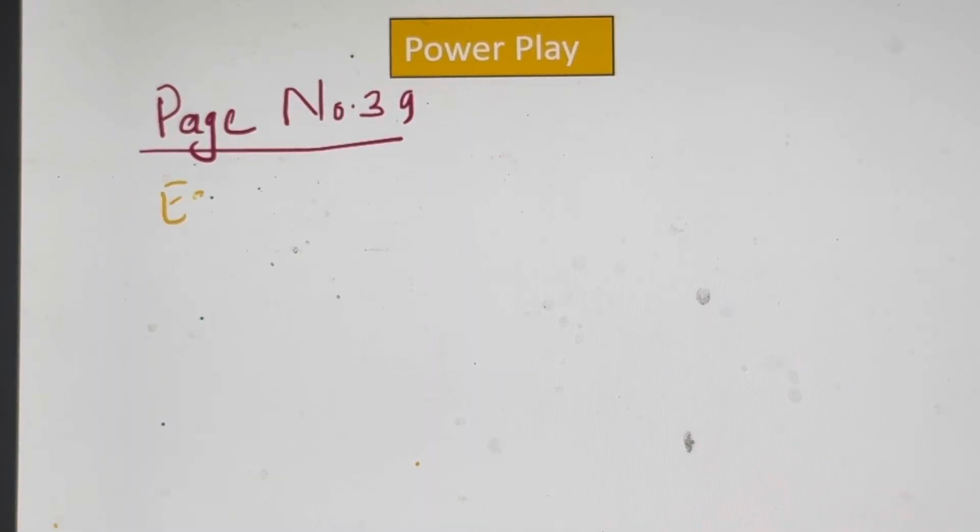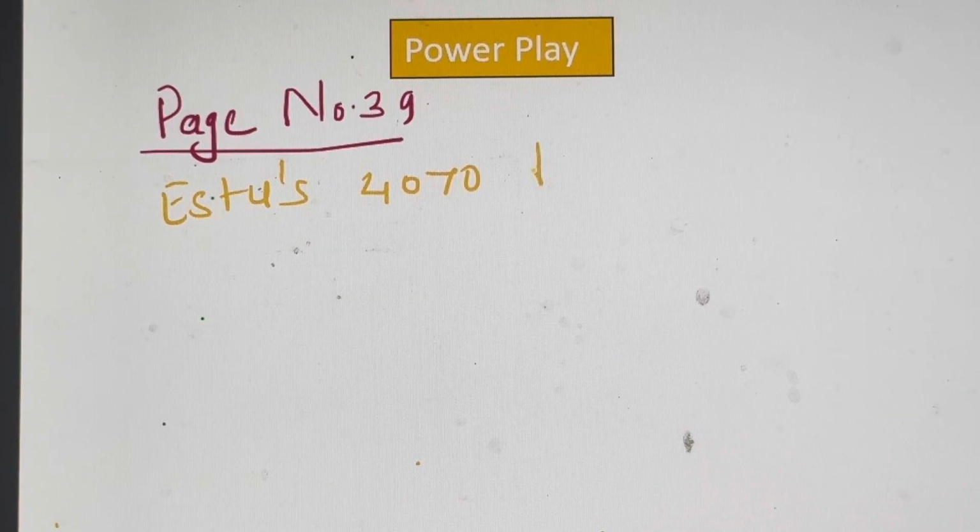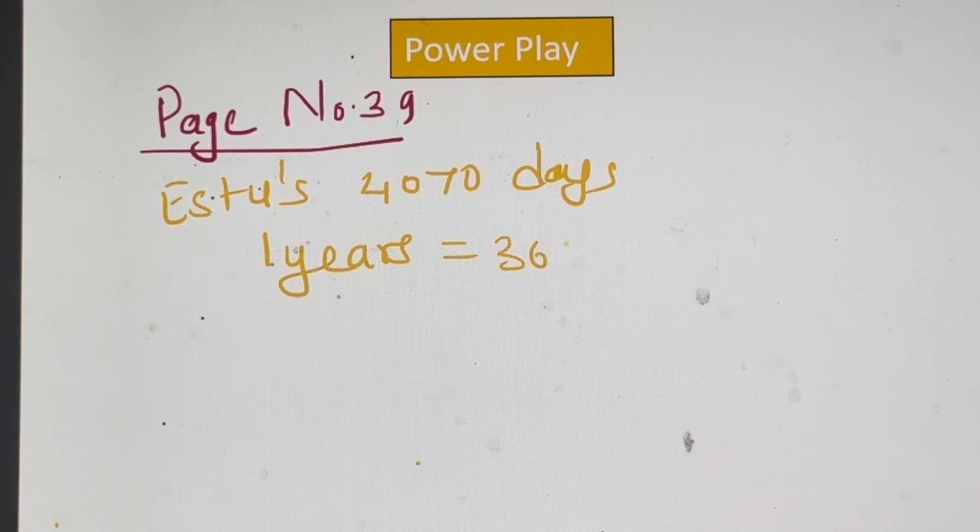So what is Istu's age? It's given as 4070 days, right? And we need to find out his date of birth, right? So we convert it into years. Now, 1 year has how many days? 365 days. It is also 366 in a leap year, but generally for calculation, we consider 365 days.